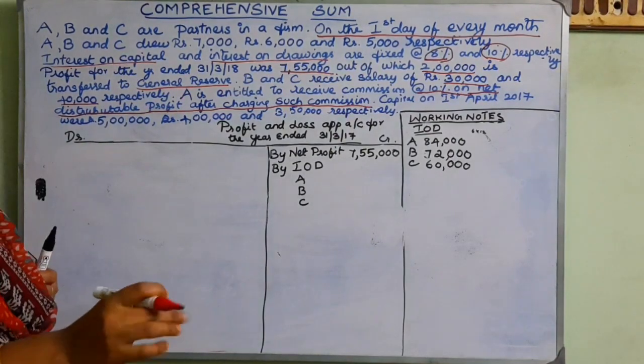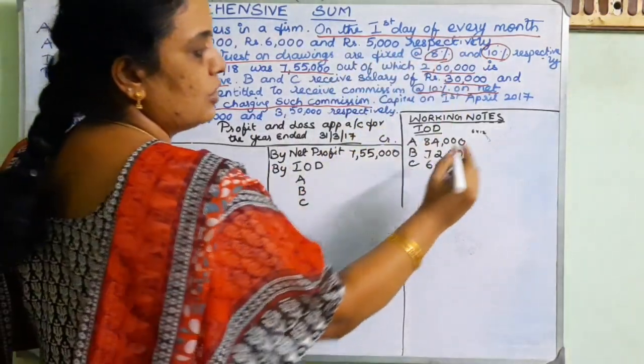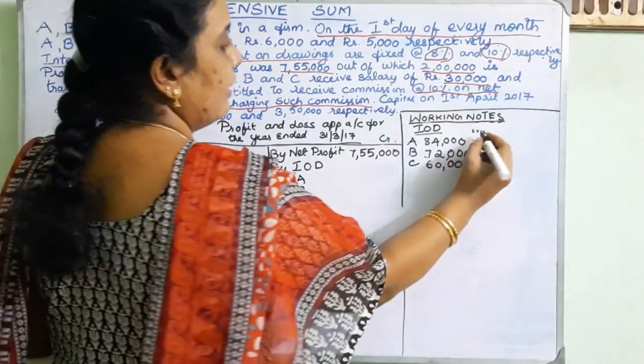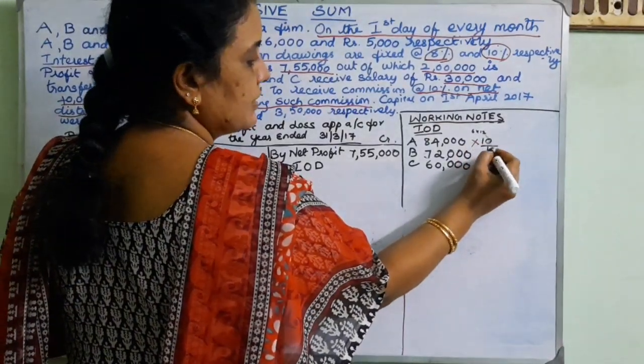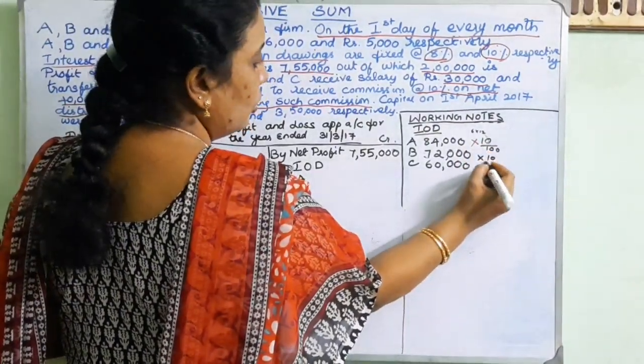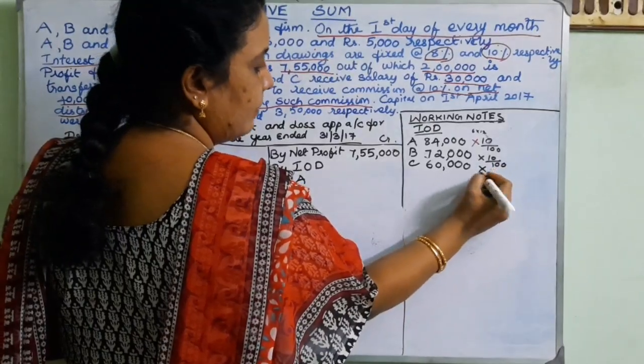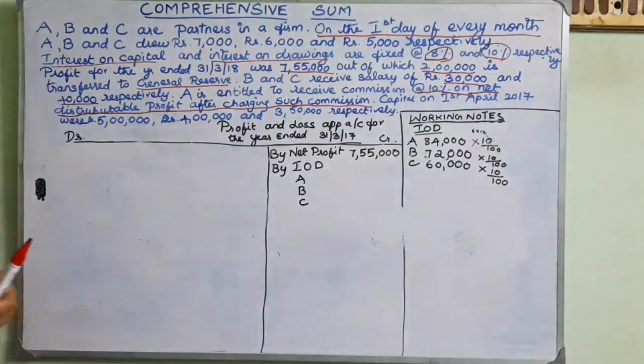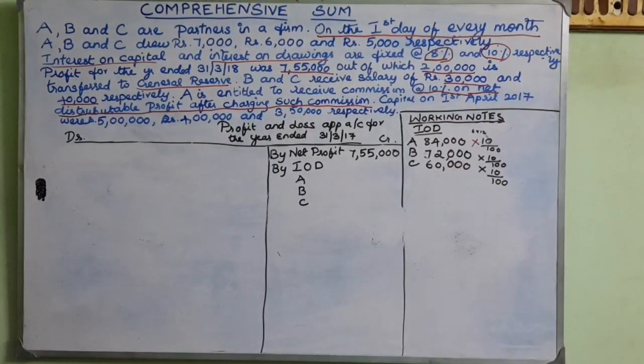Since the word per annum is not given, we should not consider the time factor. We have to calculate at 10% only. So don't take the average period method. Average period method will be taken only when the word per annum is mentioned. That is why purposefully I did this sum.